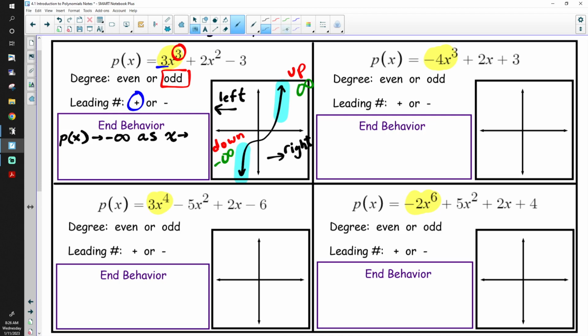Negative infinity. And instead of saying right, we would say positive infinity. So as our p of x, which is our function, goes down forever, as we go towards the left, which we say the left is negative infinity.